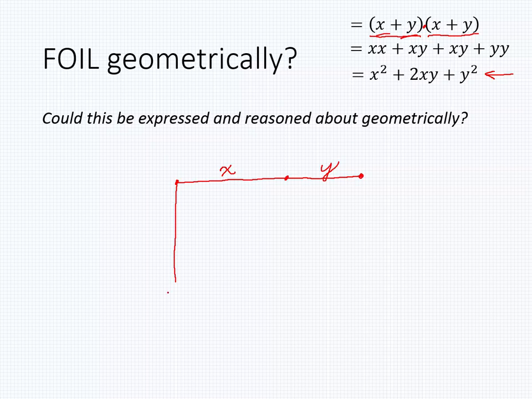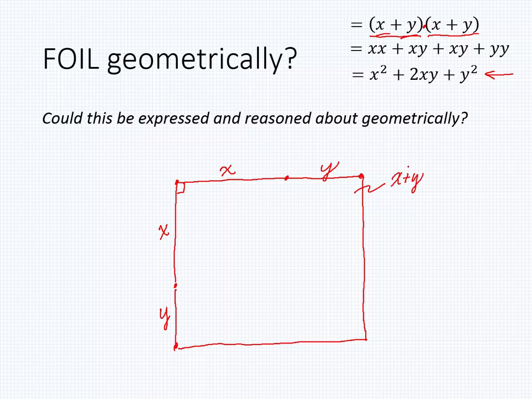Well, geometrically, the way that you do that is you form an area where you have a segment of length x and a segment of length y perpendicular to your original segments, and the area inside these two longer segments is the area of x plus y times x plus y.